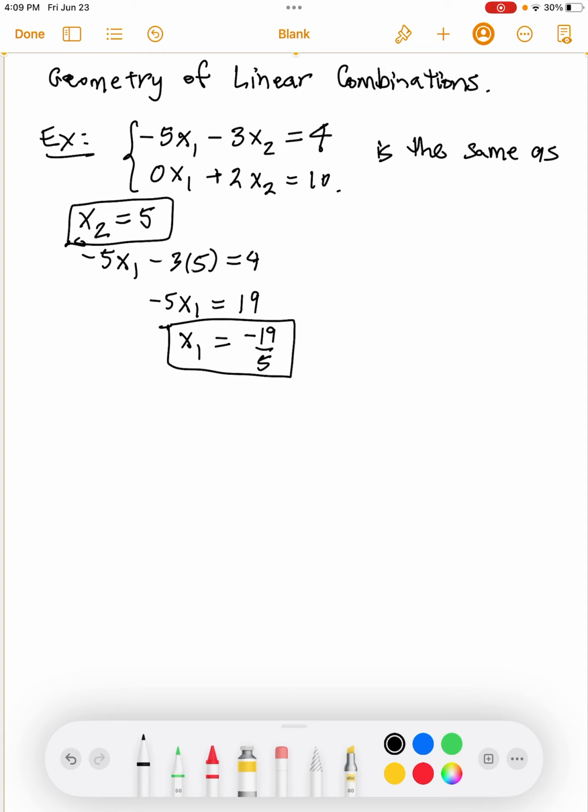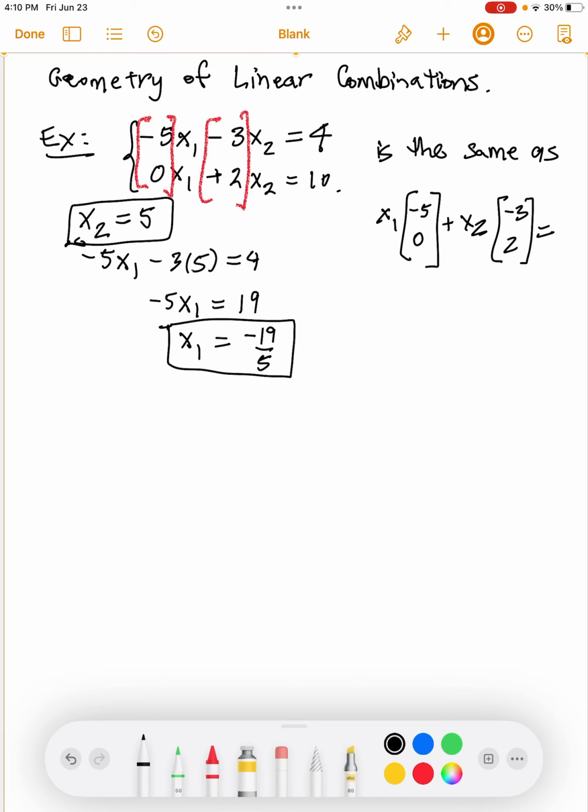So I'm thinking of x1 times the vector negative 5, 0, and then I have negative 3, 2 multiplied by x2. So it's going to be x1 times negative 5, 0 plus x2 times negative 3, 2 equals 4, 10.